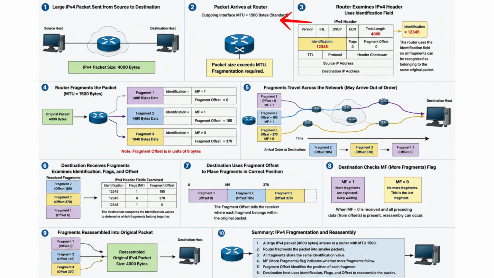So what is going to be done? Now your router is going to fragment that 4000-byte packet so that it can be forwarded from one network to another network. Without being fragmented, that packet is going to be dropped. The router is not going to be able to fragment those packets.